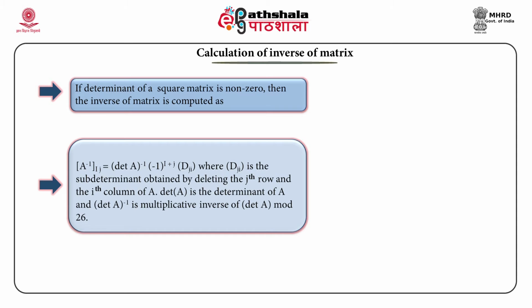D represents subdeterminant obtained by removing jth row and ith column. What you need to keep in mind, we started with A, I, j, that is I representing row and j representing column, and when we went ahead in the equation, it is d of ji, that is j becomes your row number and I becomes your column number.